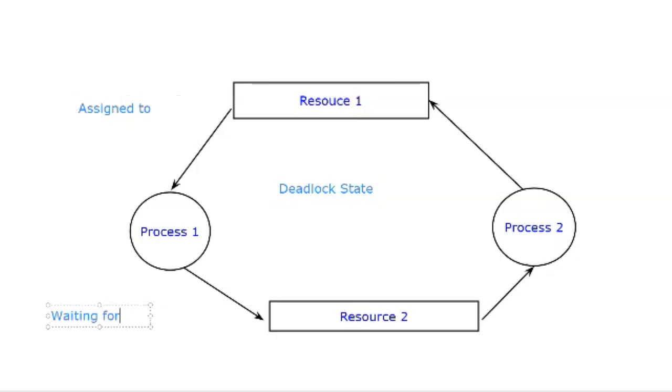That means for completion of process P1, resource 1 is assigned to process P1, but process P1 is waiting for resource R2.